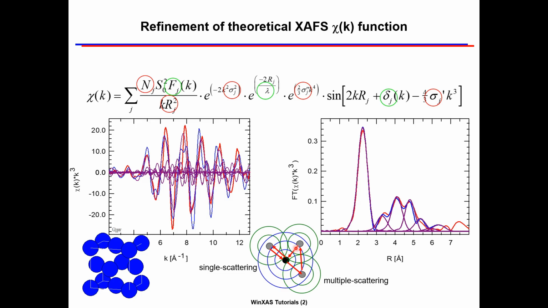In most cases, it will not be possible to extract experimental phases and amplitudes for higher shells, which tend to heavily overlap in the radial distribution function. This is the realm of theoretical phases and amplitudes calculated by an external software and used by WinXAS for EXAFS analysis.